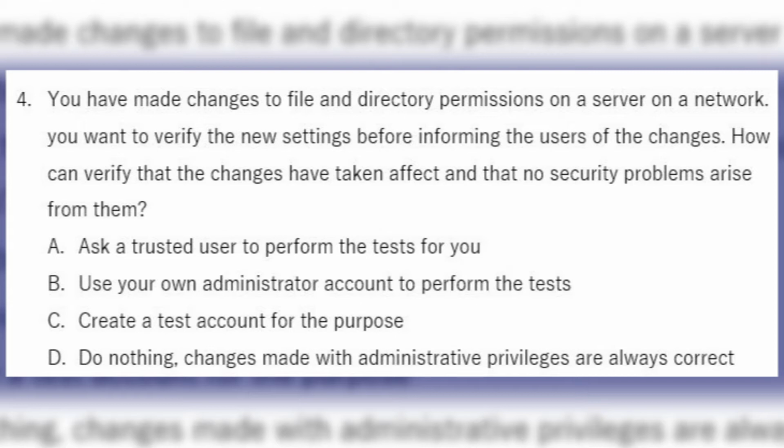A. Ask a trusted user to perform the tests for you. B. Use your own administrator account to perform the tests. C. Create a test account for the purpose. D. Do nothing. Changes made with administrative privileges are always correct. The correct answer for this question is choice C. Create a test account for the purpose.